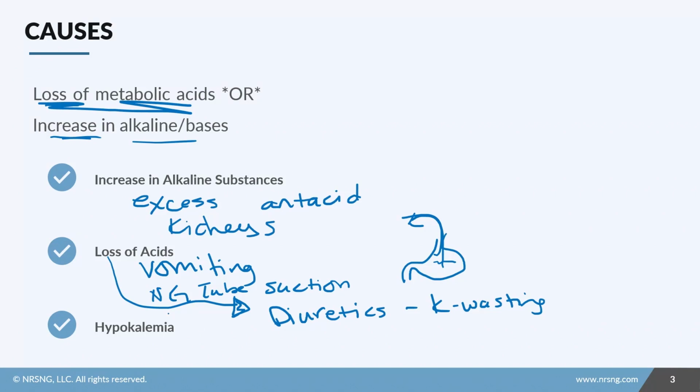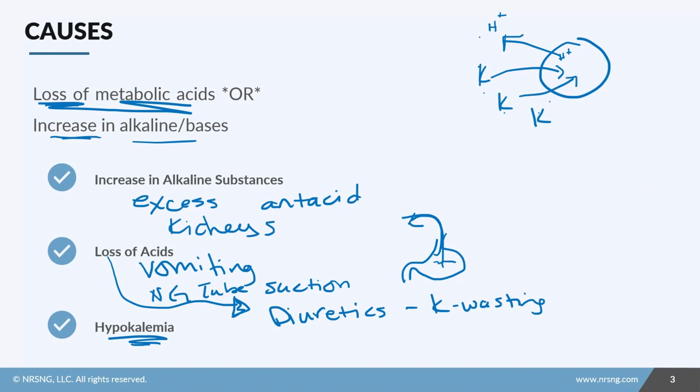So here's the thing. Not only can alkalosis cause hypokalemia, but hypokalemia can also cause alkalosis for the same reasons. This is my cell, and this is the bloodstream. If the body sees that there's just not enough hydrogen ions out in the bloodstream, in other words, we're in alkalosis, then it is going to take the hydrogen out of the cell and replace it with my potassium.